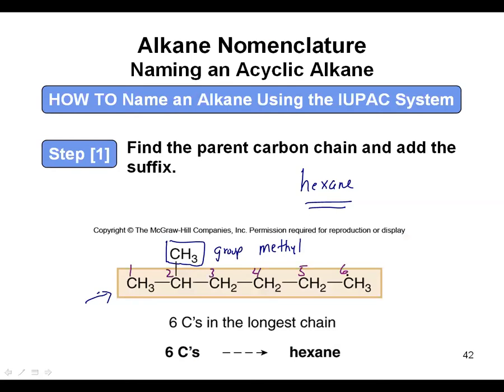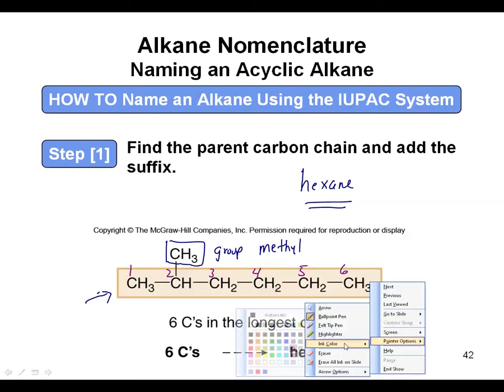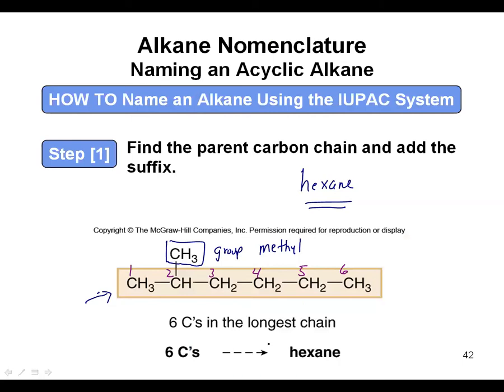That is one way you can number that longest carbon chain, in this case going left to right. We also could number the other way, going 1, 2, 3, 4, 5, and 6. So those are 2 different ways that you can number the carbons, going left or going right.